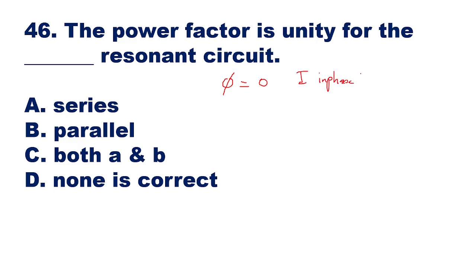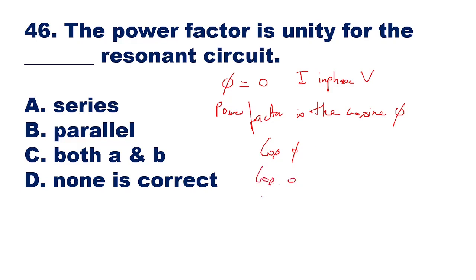Now we know that power factor is the cosine of the phase angle between voltage and current. So that is cos phi. So this is cos 0, and the value of cos 0 degree is 1, unity.